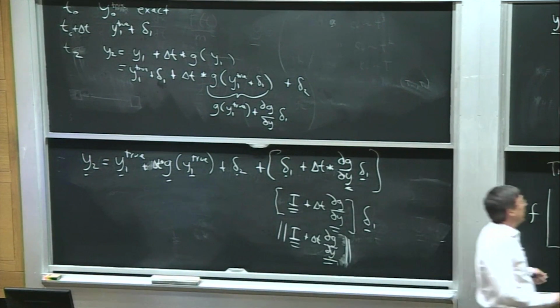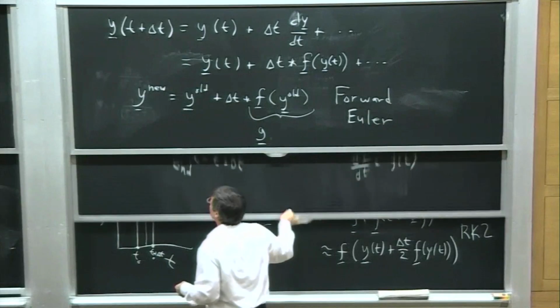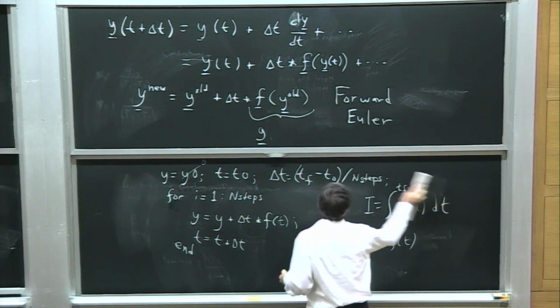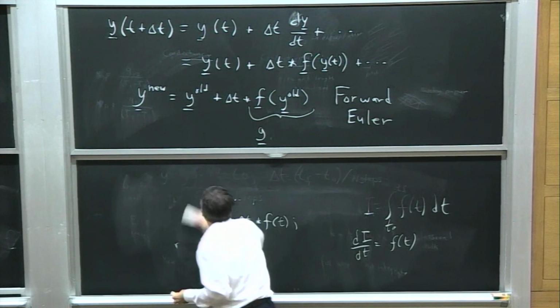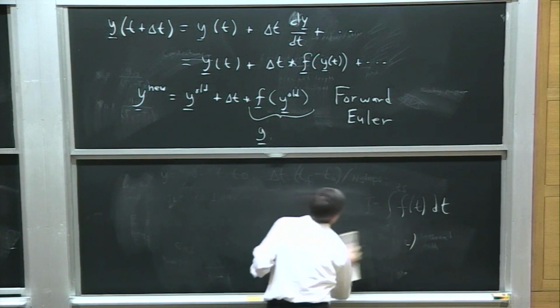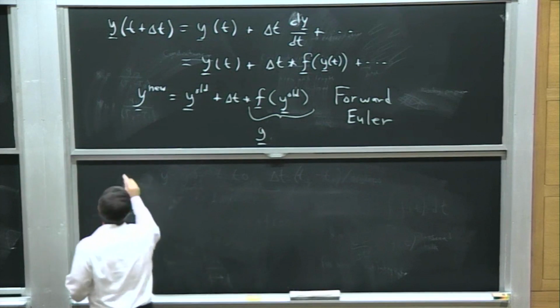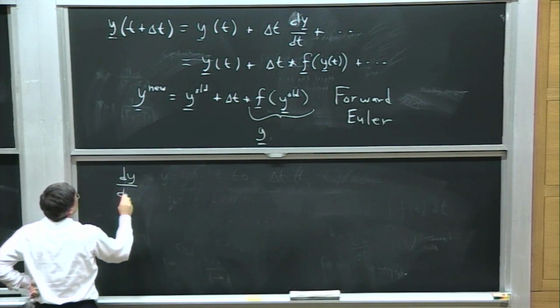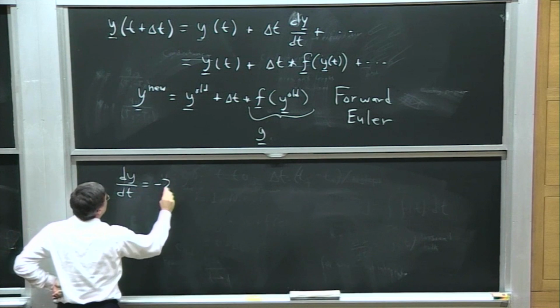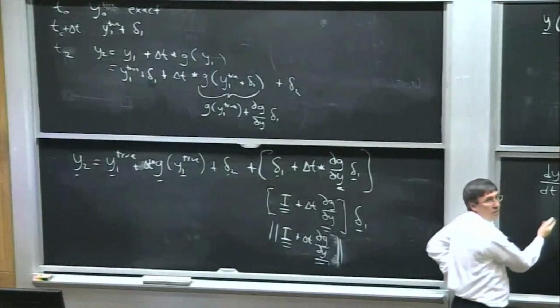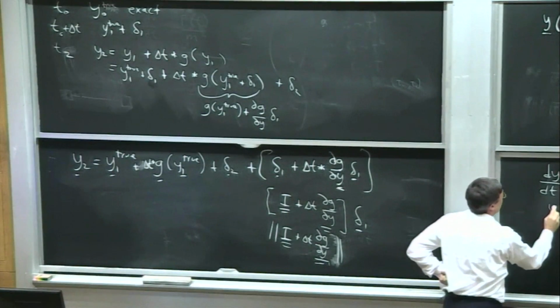It's pretty easy for that to happen, so you don't need a very complicated case to show it. So let's just do a scalar case. Say dy dt is equal to negative 2y. Okay? So this is a well-behaved differential equation. What's the solution?